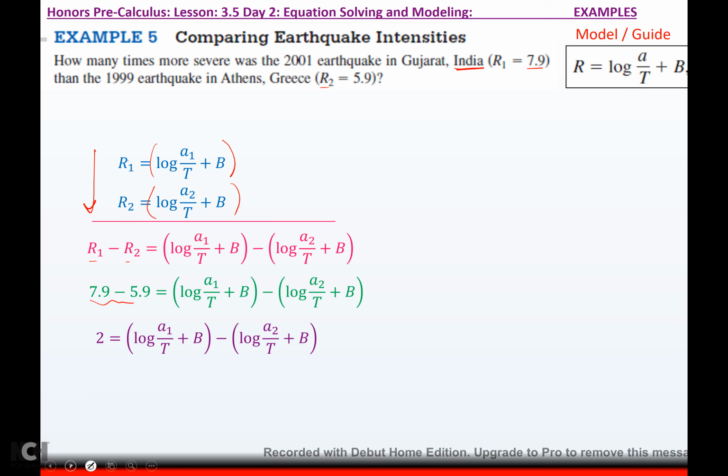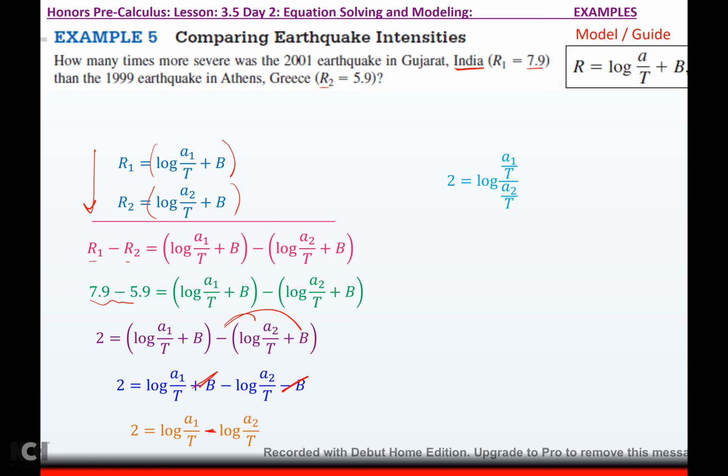All right, then if I distribute this negative, I get a negative log and a negative B, right? Well, then this positive B and this negative B cancel each other out. So now I have this log minus that log. All right, so then remember to put your logs back together.